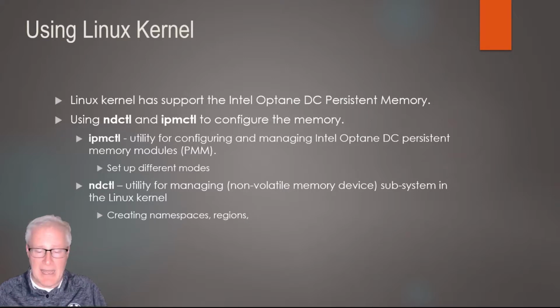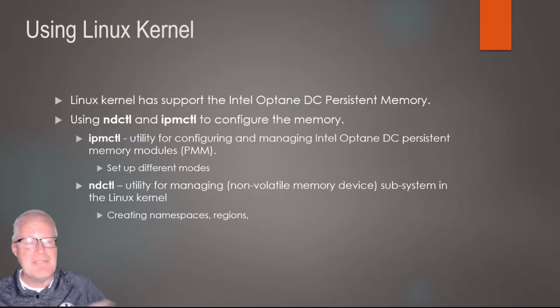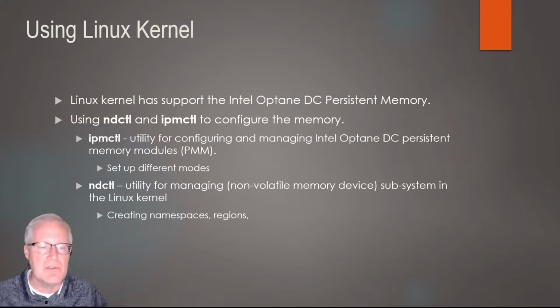So I can allocate parts of the persistent memory to go into memory mode where I'm extending my DRAM, or I can take the other part of it and put it into AppDirect mode. I can do a percentage across the sockets. There's lots of configurability there. Right? So we're going to show you some of the commands to use that. And then there's NDCTL, which is a non-volatile memory device controller.